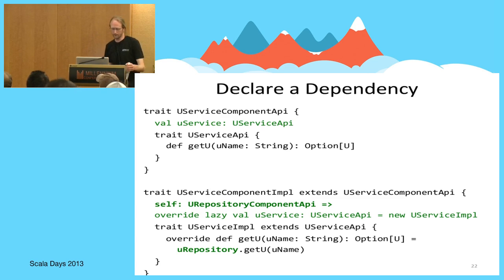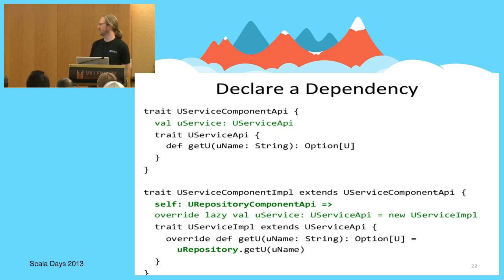And basically, as I understand it, what a self-type is saying is, well, by the time this use service component impl is instantiated, it's also going to be a uRepository component impl.